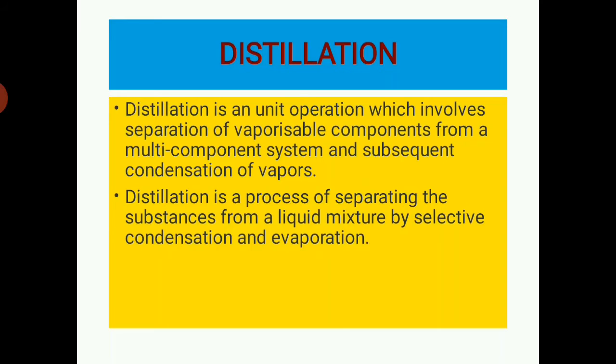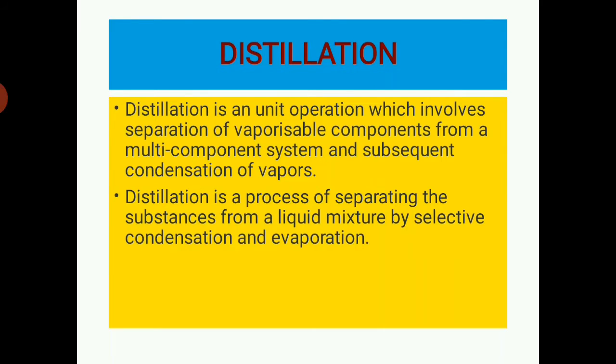If one component is volatile and the others are non-volatile, it is possible to separate volatile components from non-volatile components by distillation. In such cases, distillation is considered a separation or purification method. When heat is applied to a mixture, the more volatile liquid evaporates more readily than the less volatile liquid.